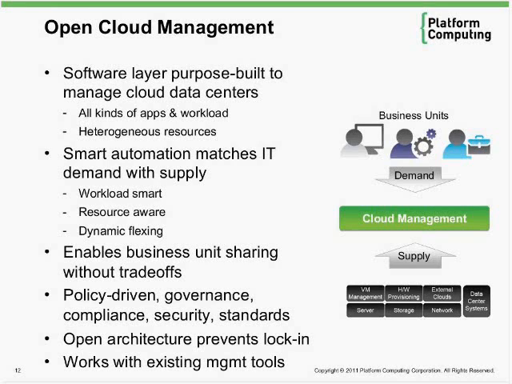This cloud management layer is a new layer purpose-built to manage these cloud data center environments, because you want this layer to be general purpose, able to run and support all kinds of application workloads on top to serve the demand, but also able to integrate different heterogeneous resources needed by these different applications. So it's a general purpose layer interposed between supply and demand, integrating resources and running the applications.